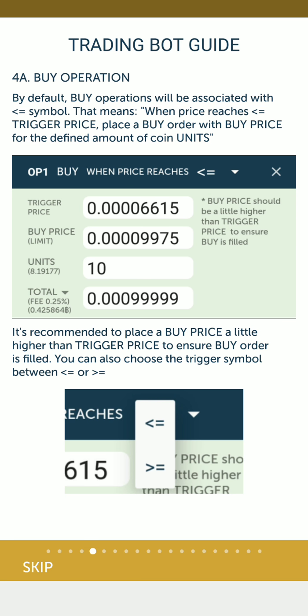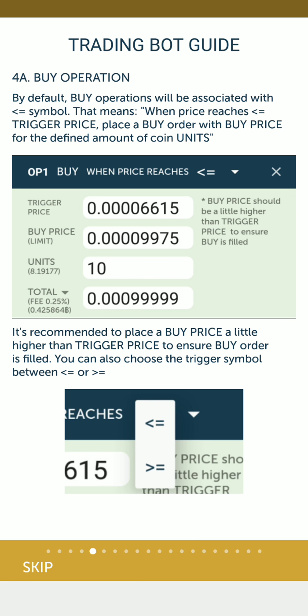So then when the market stops moving and dips back down, the trailing stop loss is still at that 3% from wherever the coin peaked and turned around and came back. So as price comes down, if it breaks that 3% trailing stop loss, the bot will automatically sell your coin.